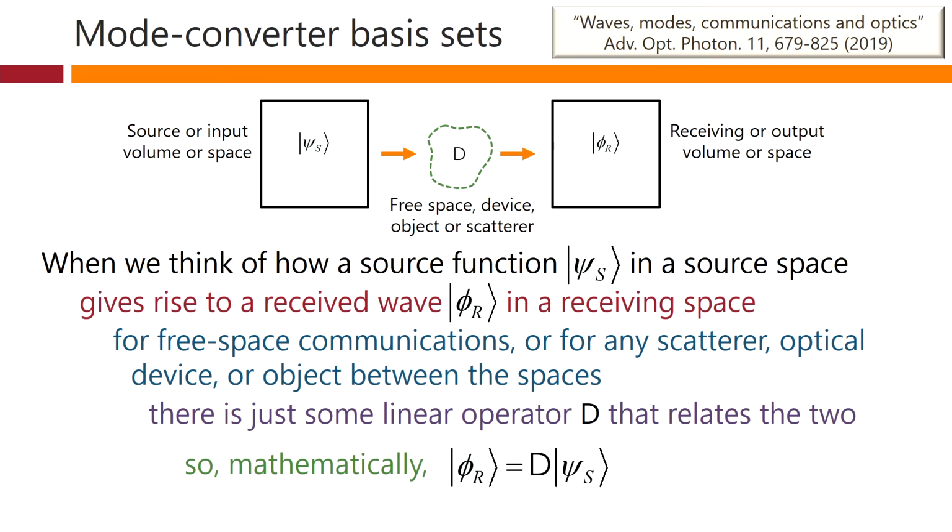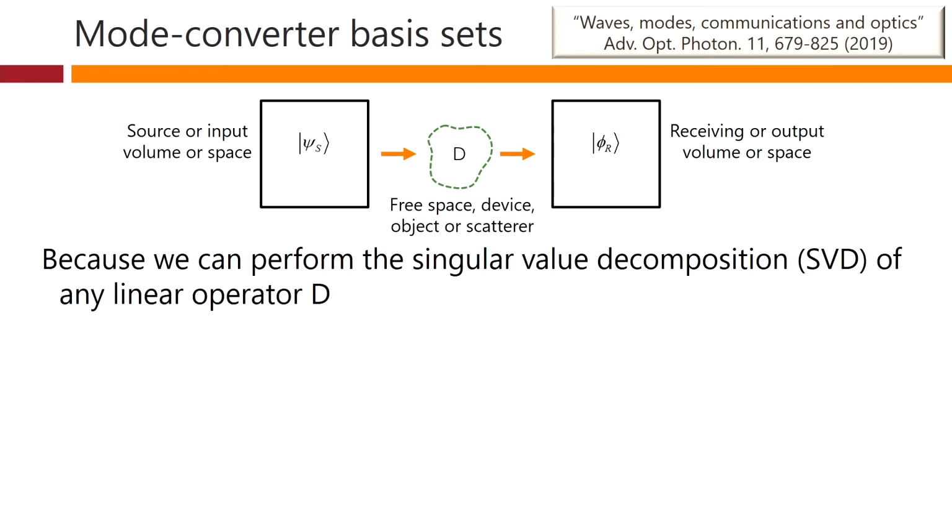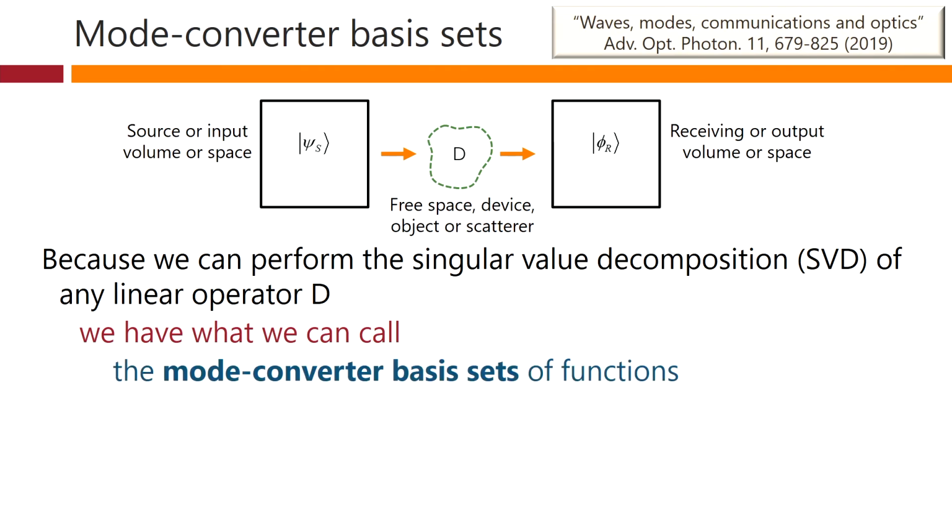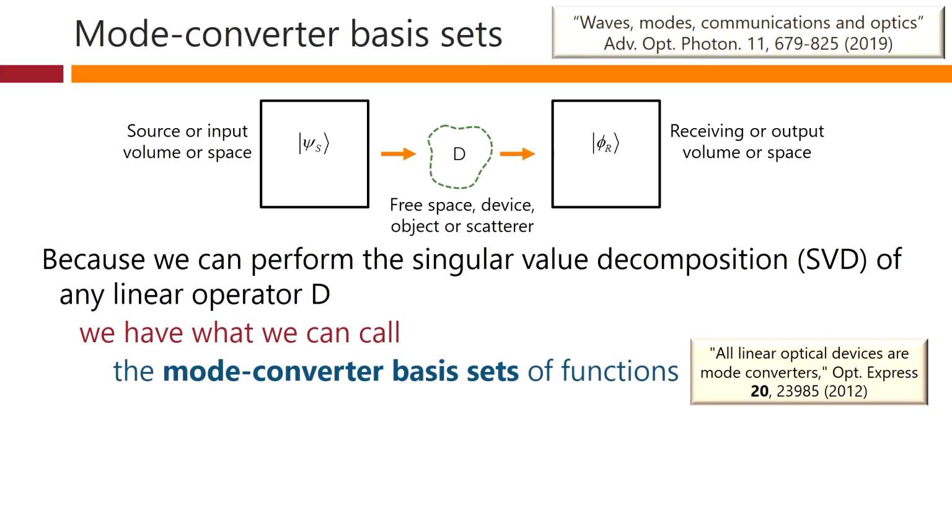The simplest way to think of this is a vector of amplitudes, for example at points in space. This is the coupling operator, and this is the resulting wave, which we can also think of as a vector of amplitudes, in which case we can also think of this as a matrix, for example. Because we can perform the singular value decomposition of any linear operator D, we can have what we can call the mode converter basis sets of functions. And this is an idea that was introduced in 2012.